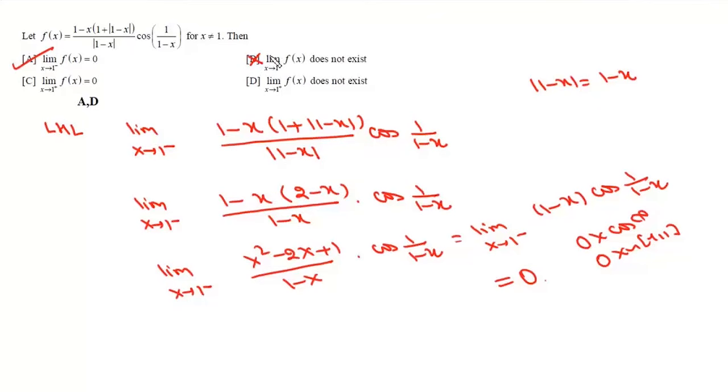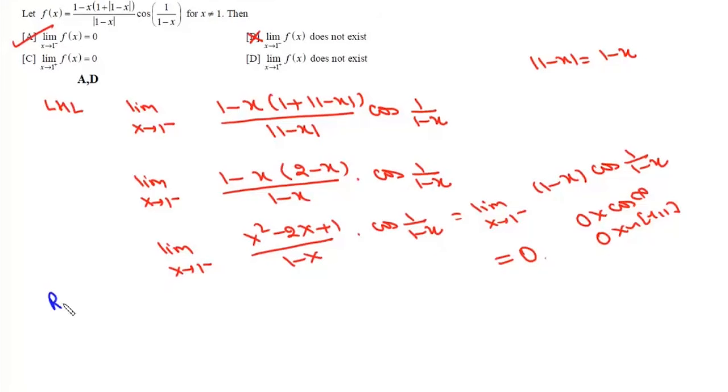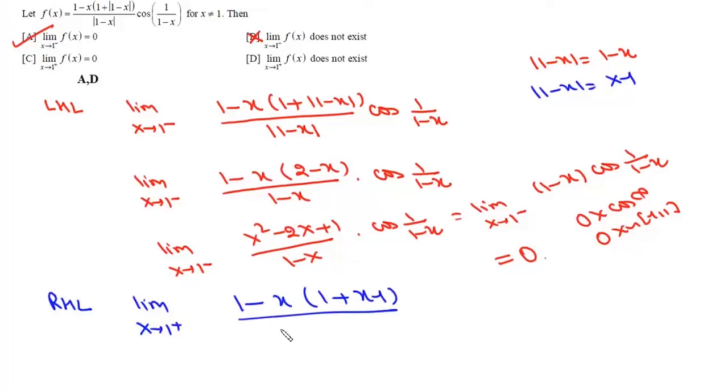Now we'll find its right hand limit. For the right hand limit, it will be this limit x tends to 1 positive. Now if x is greater than 1, then |1 - x| will be simply x - 1. So we'll get (1 - x)(1 + x - 1)/..., and this is cos(1/(1 - x)).